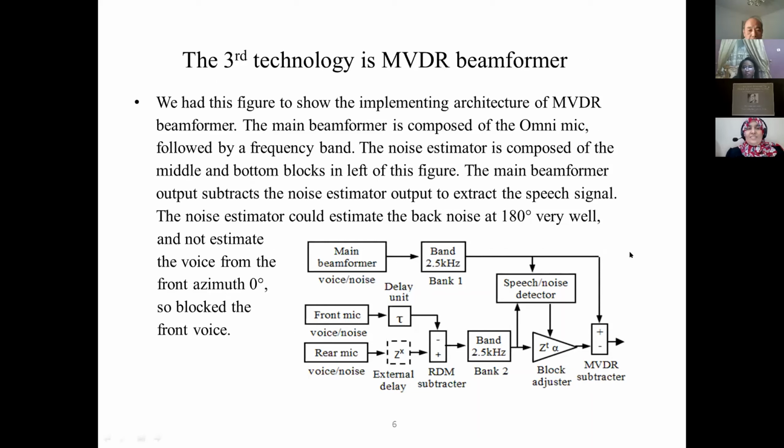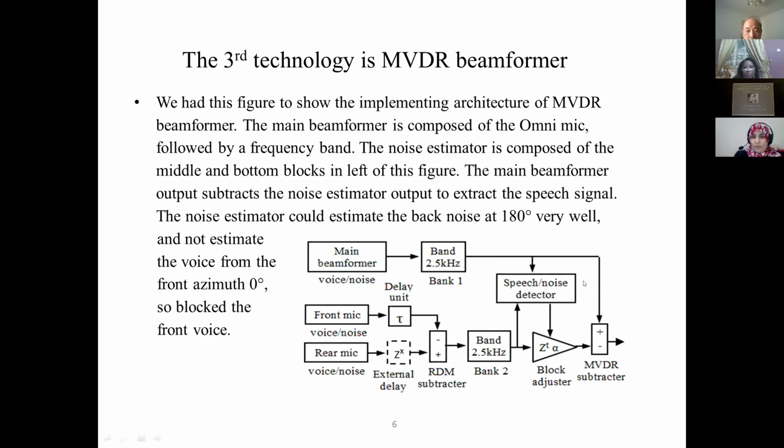On the left of this figure, the main beamformer output subtracts the noise estimator output to extract the speech signal. Here is the main lobe beamformer. Its output subtracts the noise estimator output. The noise estimator could estimate the noise. Then the output, we can see, is a speech signal.